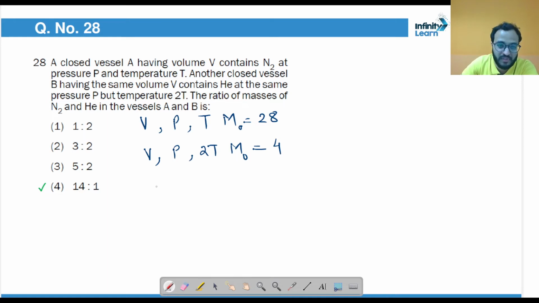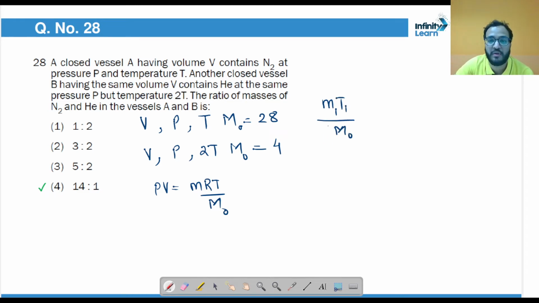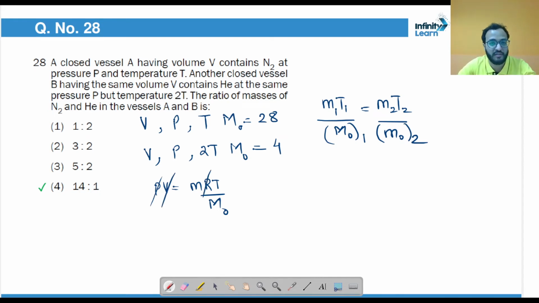Simple. PV equals mRT by M naught. So here everything is given. So m1 T1 by M naught 1 is equal to m2 T2 by M naught 2, because P, V and R, all these three are constants in both cases.